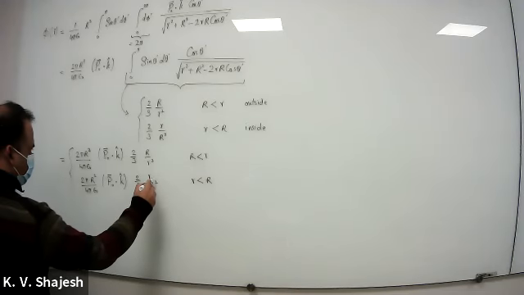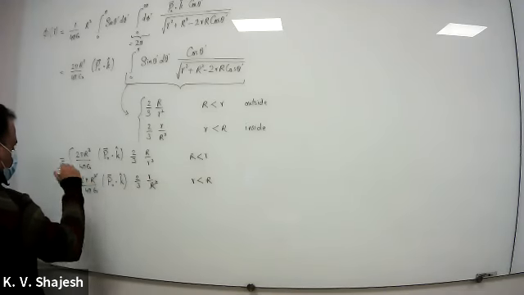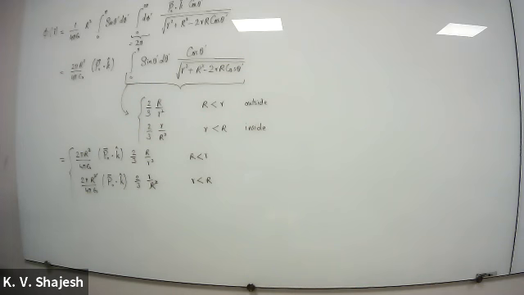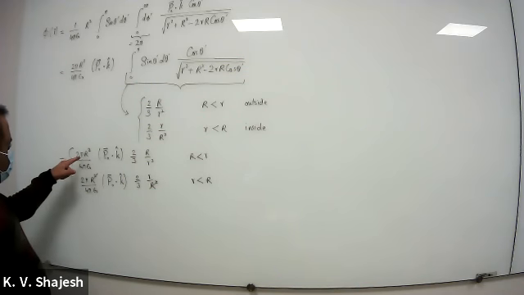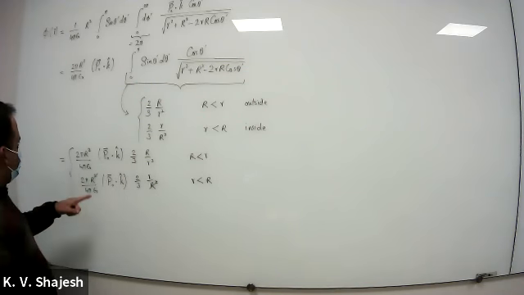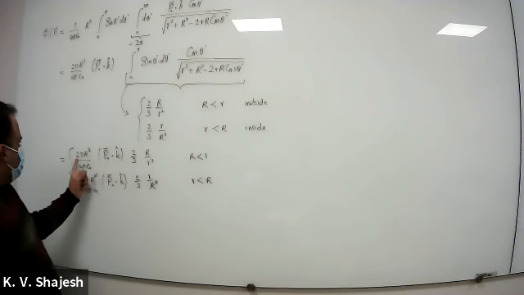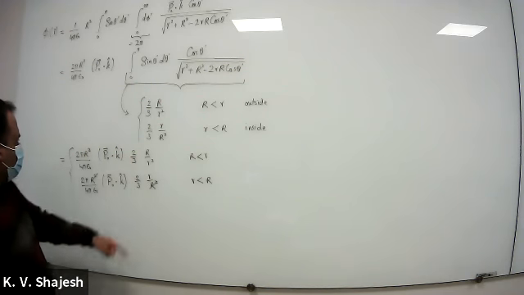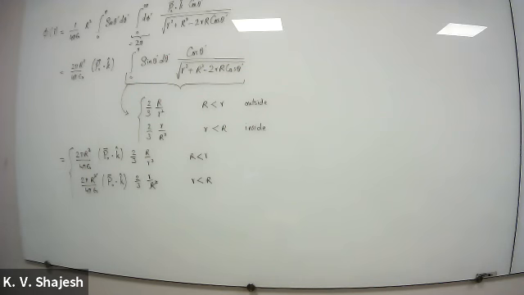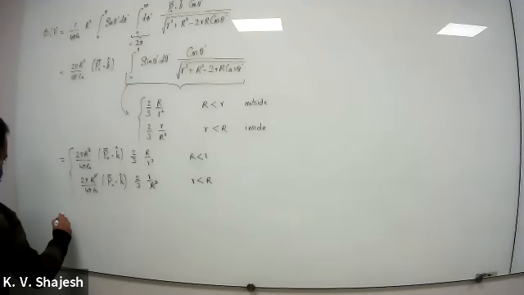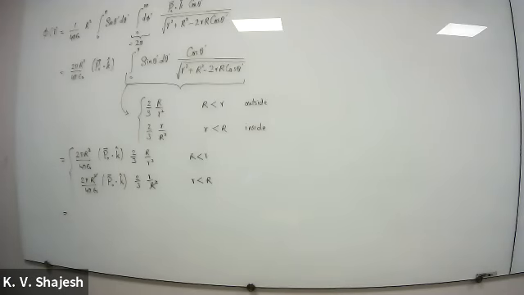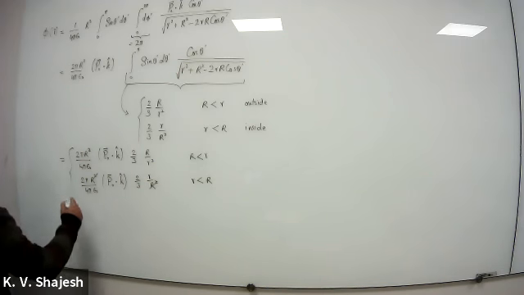Notice when you're inside, the capital R squared cancels out. And when you're actually outside, this pretty much gives you the volume, right? R cubed is the volume of that sphere that is showing up. So let's write this.